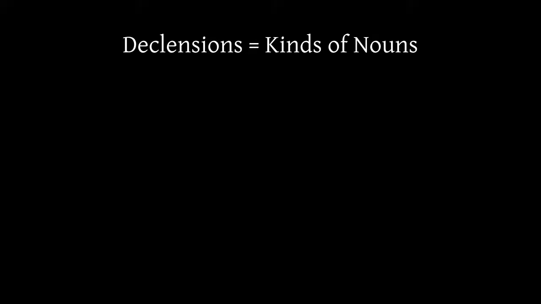So think of a declension as the way that certain nouns and adjectives like to behave. There's a rough analogy in English to this, though English doesn't have declensions per se, but you can recognize that the plural of dog is dogs. When we make dog plural, we like to add simply an S. This is a very common way that we make things plural in English.